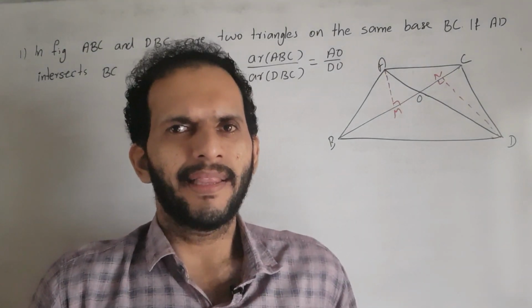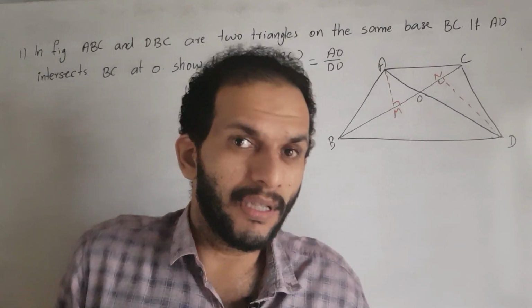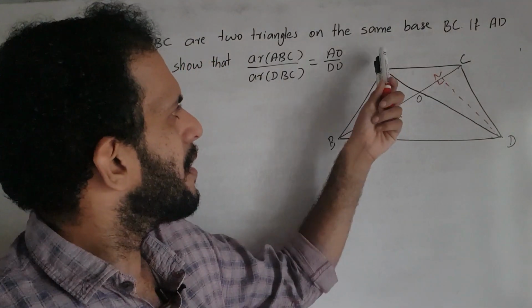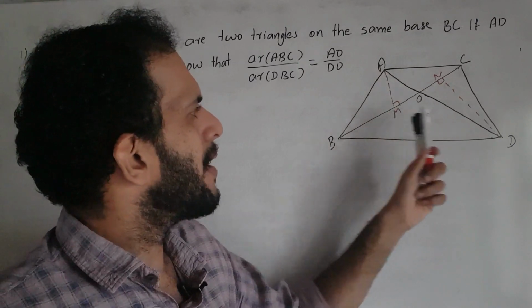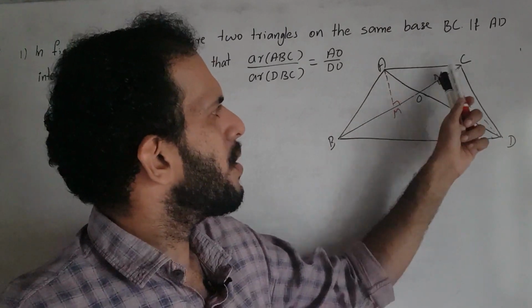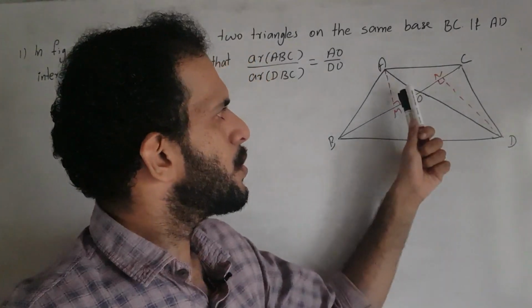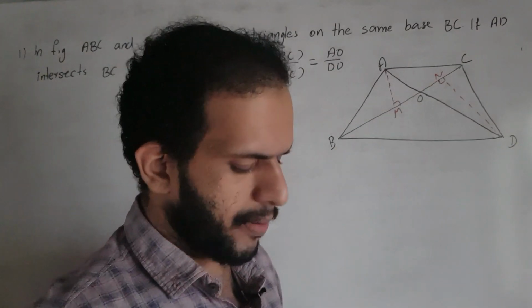Then we get two triangles, triangle AOM and triangle DON. First we prove that these two triangles are similar.